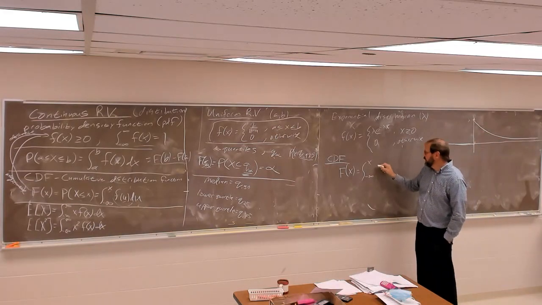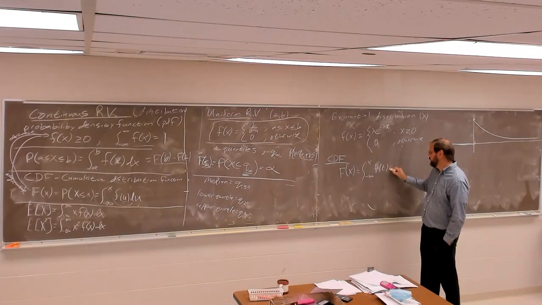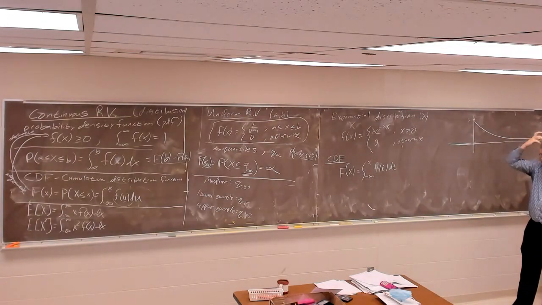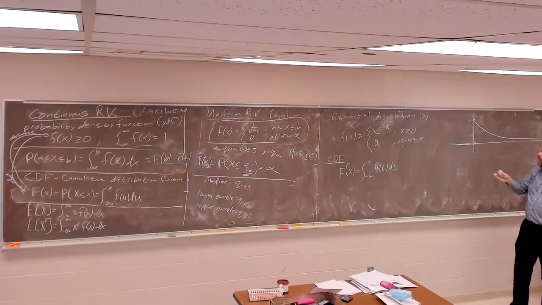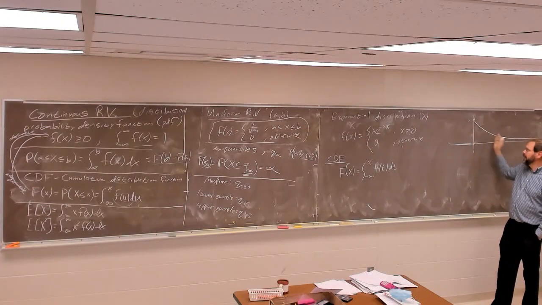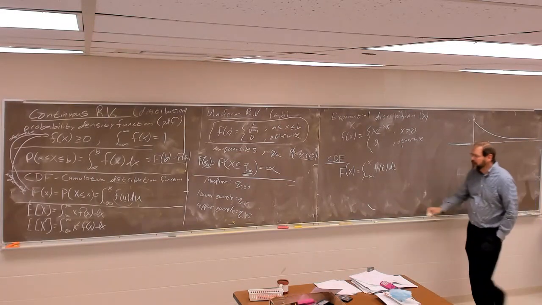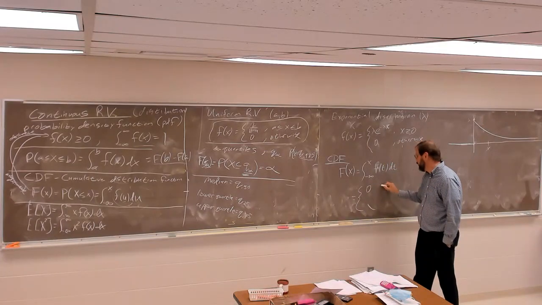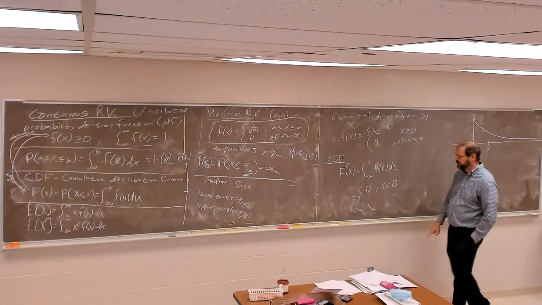And so this would be integrating my function, here I'll use a t here, from negative infinity up to some value x of f of t, okay? Which I know there's no probability up to 0, and then I start accumulating probability after 0. So when I go ahead and figure this thing out, it's going to be 0 if x is less than 0.